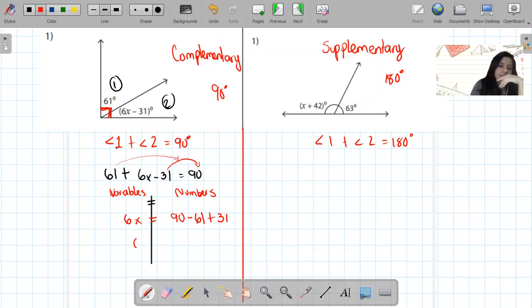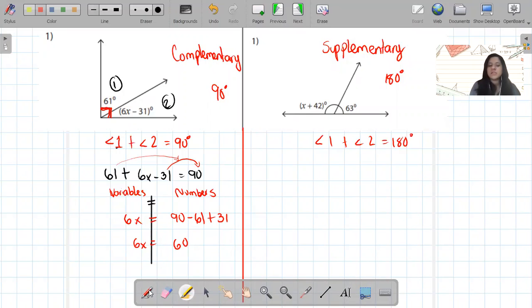So I get 6x equal to 90 minus 61 plus 31. If you put it on the calculator, 90 minus 61 plus 31 is equal to 60.